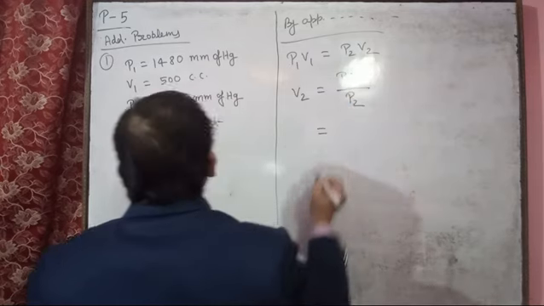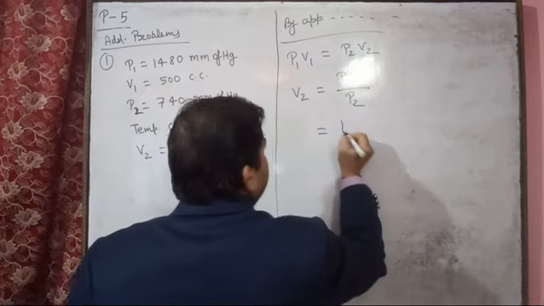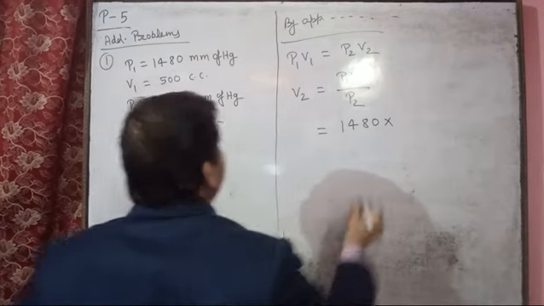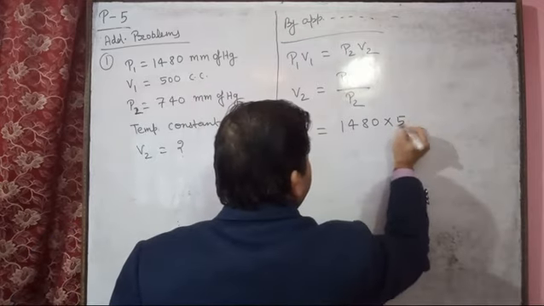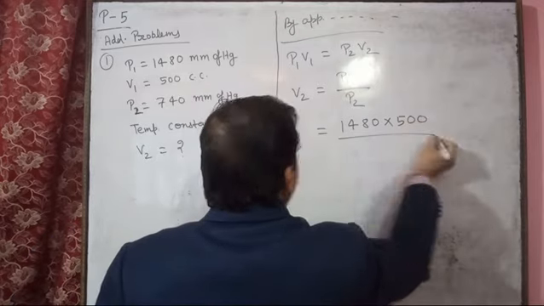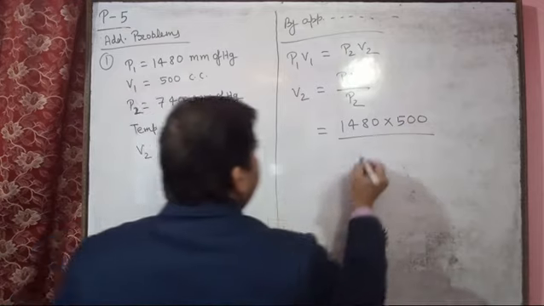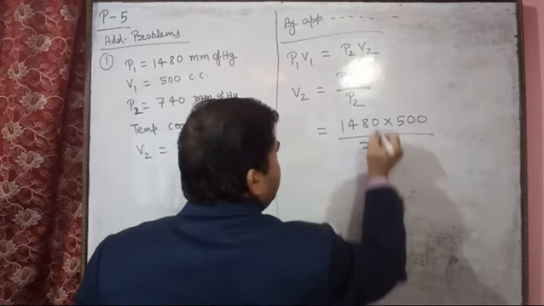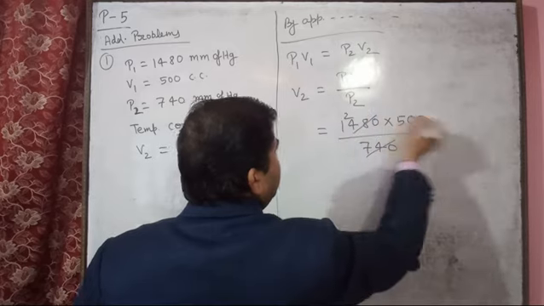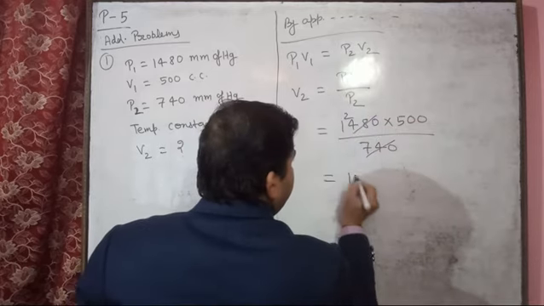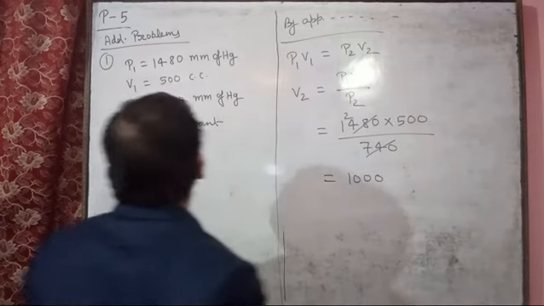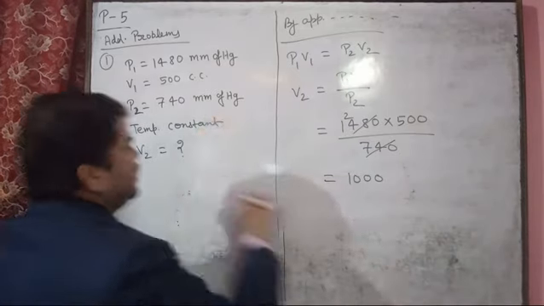P1 is given as 1480, V1 is given as 500, and P2 is given as 740. So we will get 1000 cc, 1000 cubic centimeters.